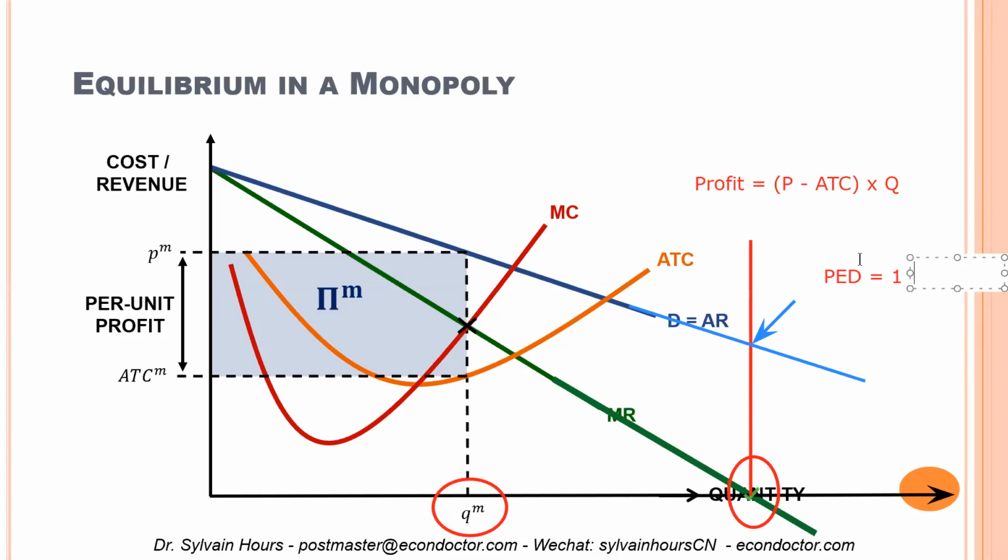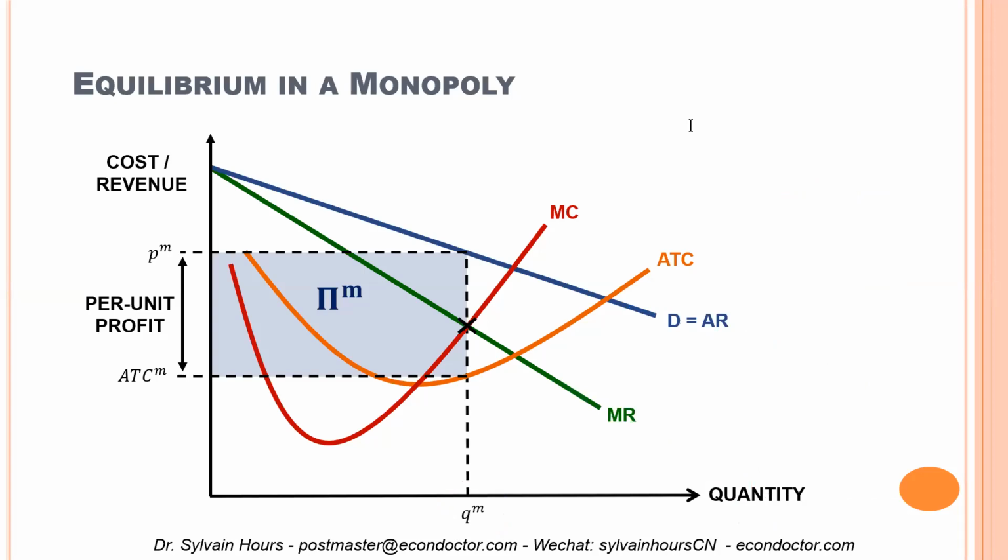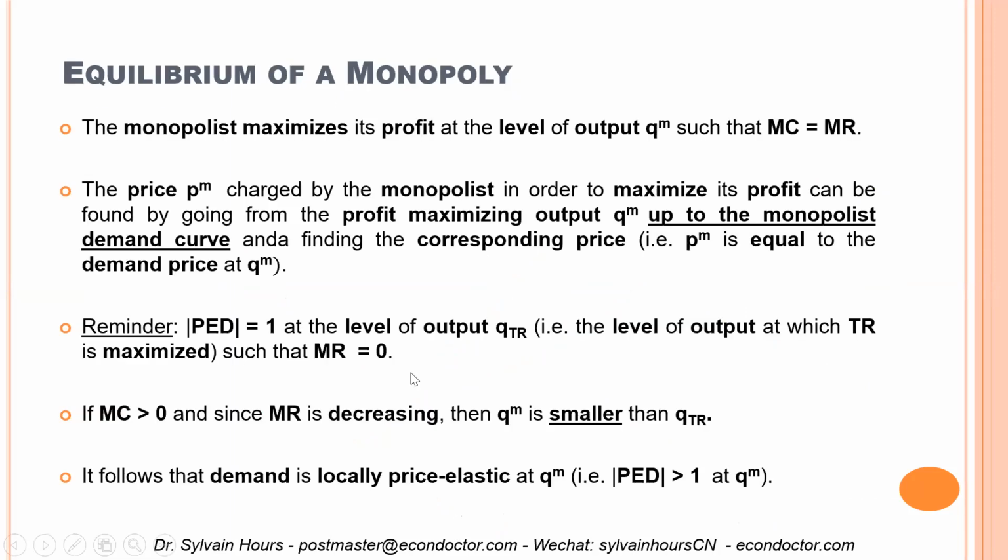So if the PED is equal to 1 at that quantity of output, then all we have above or to the left of this quantity of output will lie on the price elastic section of the demand curve. Let me go back a bit in the slide, and this is exactly what I explained. It follows that demand is locally price elastic at Qm.